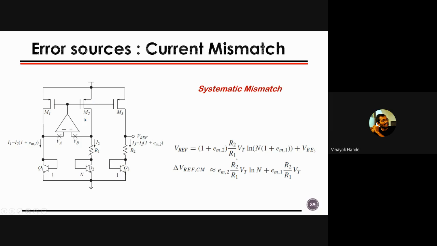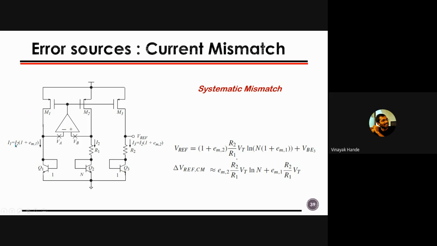If the current flowing through the middle branch is I2, then the current flowing through the left-hand branch is I3 = I2 × (1 + EM2). EM2 is a ratio lying between 0 and 1, right? 0 means no mismatch, and 1 means the highest mismatch, a relative mismatch. If EM is equal to 1, it's the largest number.